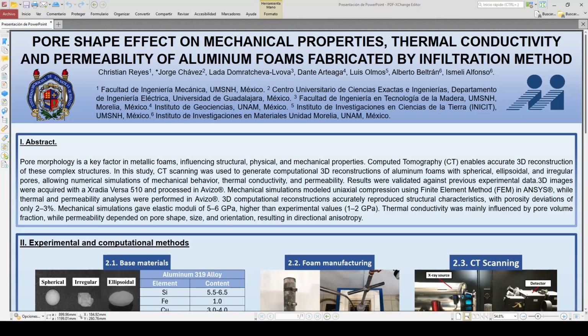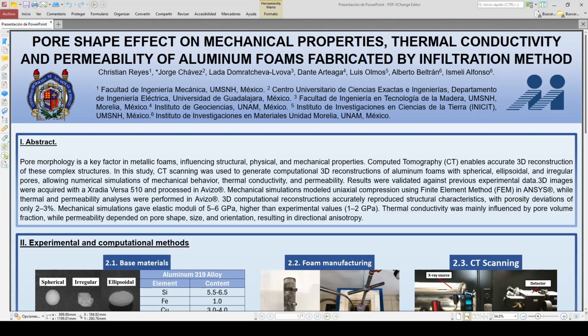Although nowadays we have a lot of different processes available, the infiltration method offers a really good set of advantages. For example, we can control in a really precise way the quantity, the shape, and the size of the pores. This is really important because in this process, the final pore shape is determined by the particle shape.